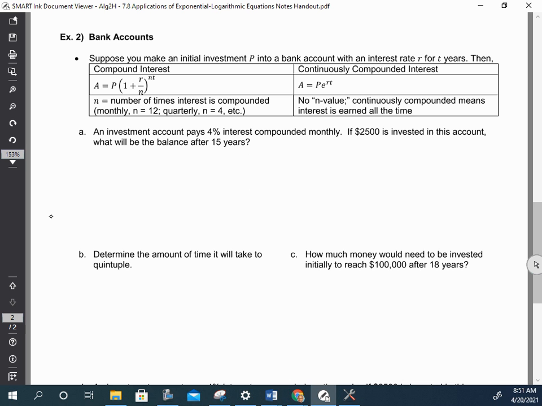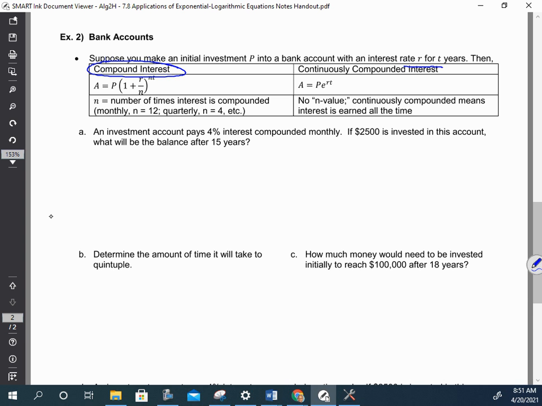All right, so bank accounts. Most of you have bank accounts, right? Most of you wish you had more money in your bank account. There are two ways that your bank can earn interest. There's compound interest, in which you're earning interest certain times a year.